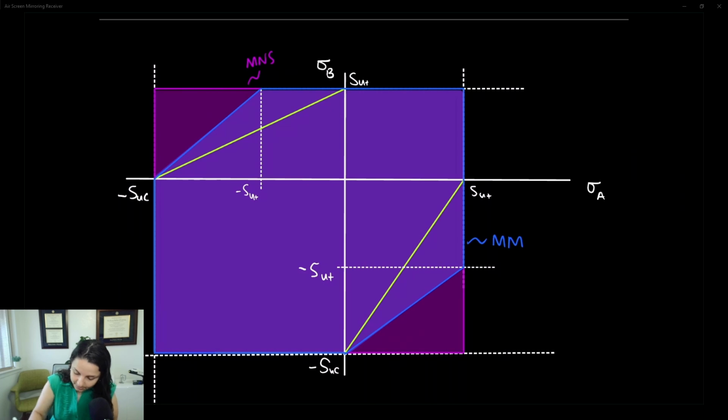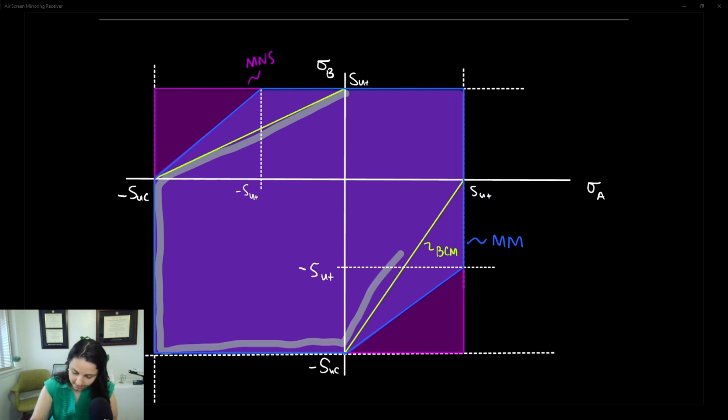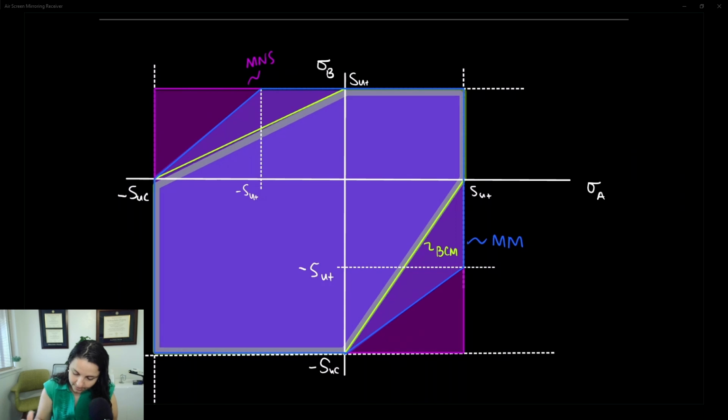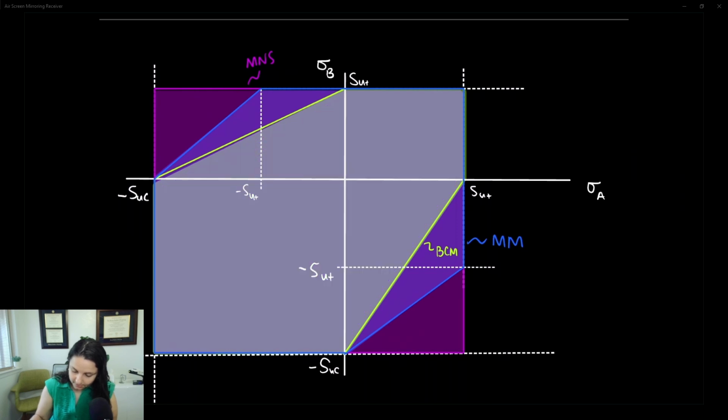Brittle Coulomb-Mohr here is our green line, and that failure envelope is, again, smaller than the other two, so it is our most conservative failure theory. So it goes Brittle Coulomb-Mohr, most conservative, then modified Mohr, then maximum normal stress is our least conservative.